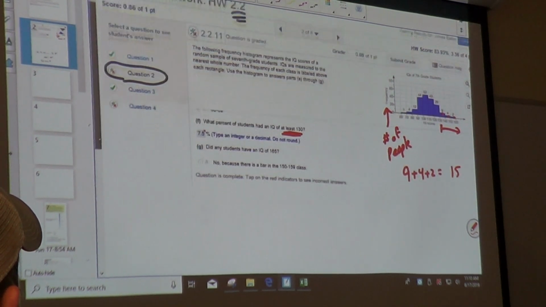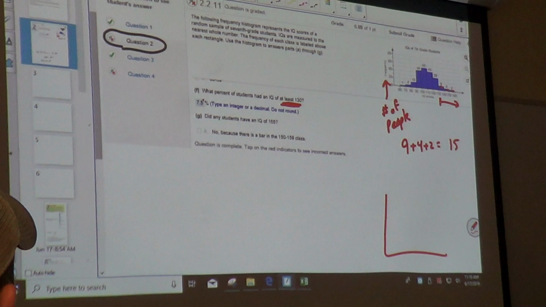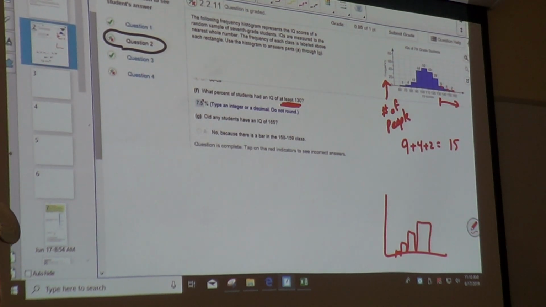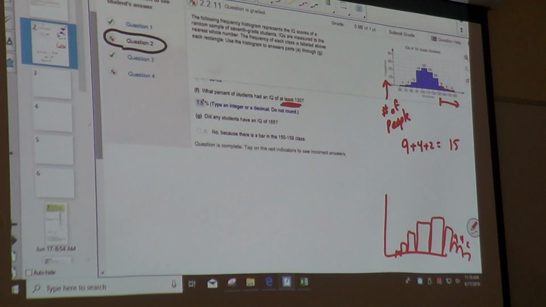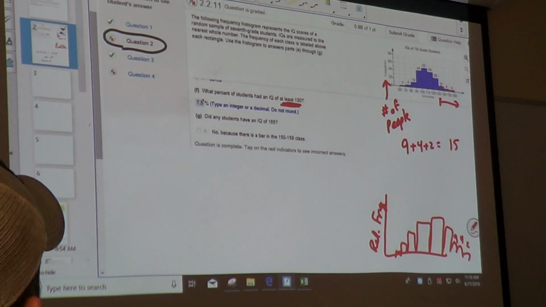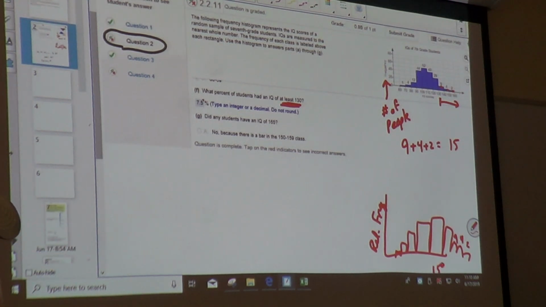Had it looked like this, and had it been 9, 4, 2, and had this said relative frequency, then my answer would have been 15%.